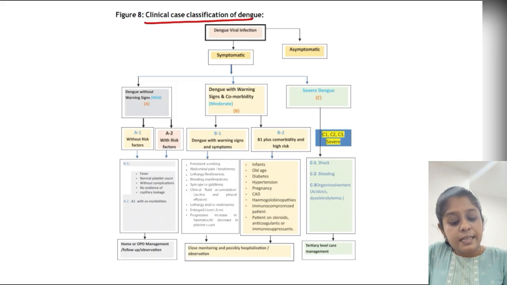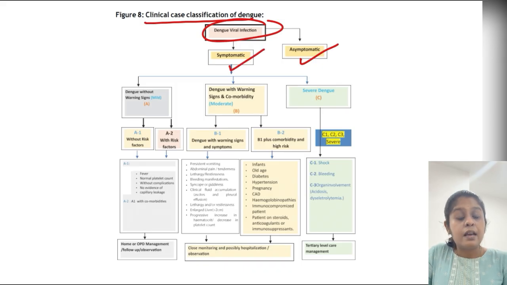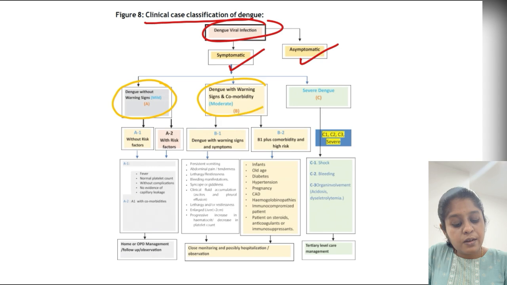So coming to the clinical case classification of dengue. So dengue viral infection can be asymptomatic or symptomatic. Based on the nutritional status and immunity system of the patient, it can become even asymptomatic. If it becomes symptomatic, you classify it as A, B, and C. A is dengue without warning sign, B is dengue with warning signs and comorbidity, and C is severe dengue.